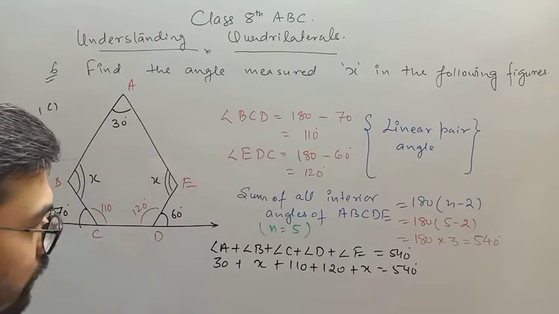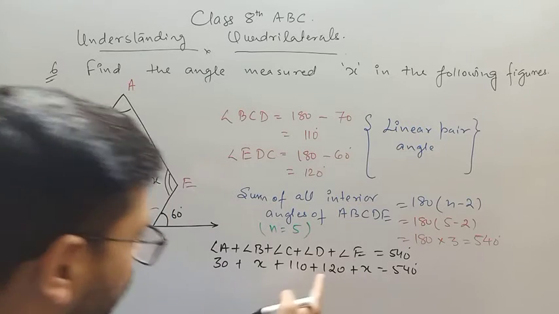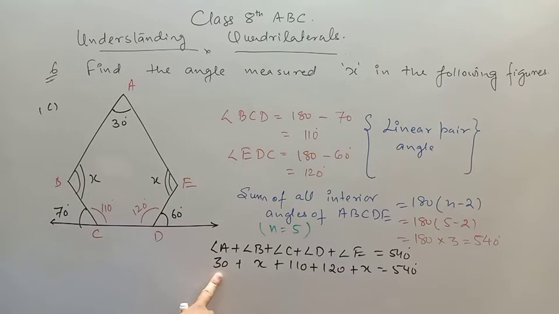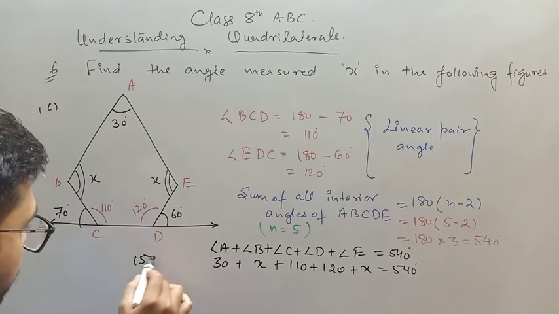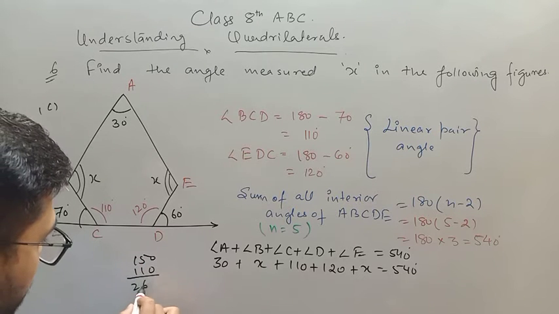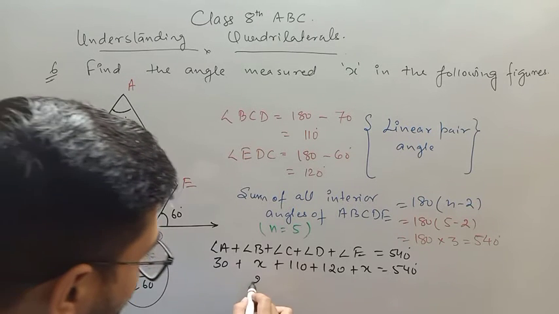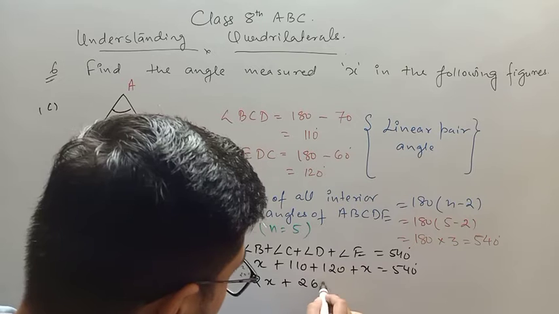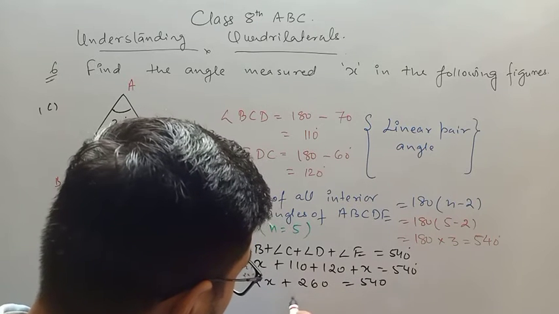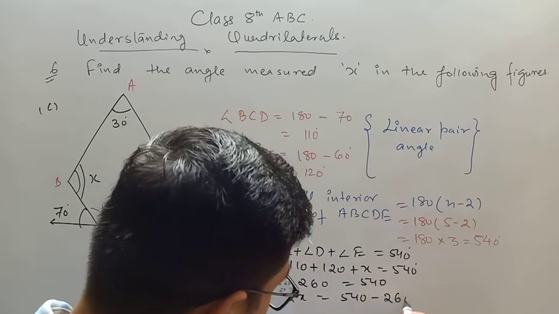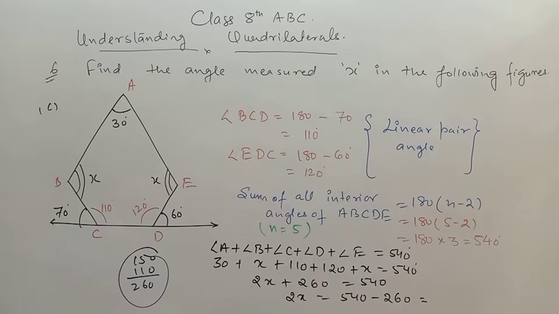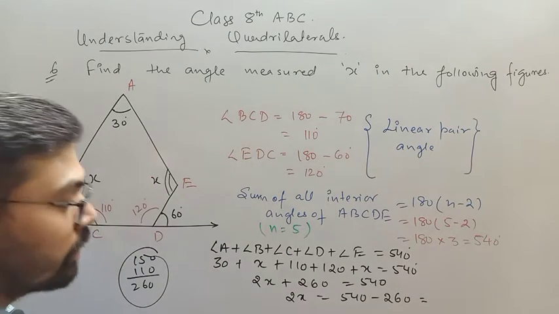Now 110 plus 120 plus 30 gives you 260. So 2x plus 260 is equal to 540. So 2x is equal to 540 minus 260, which is equal to, is this visible on the board? Yeah, up to this point I think this is visible to you all.